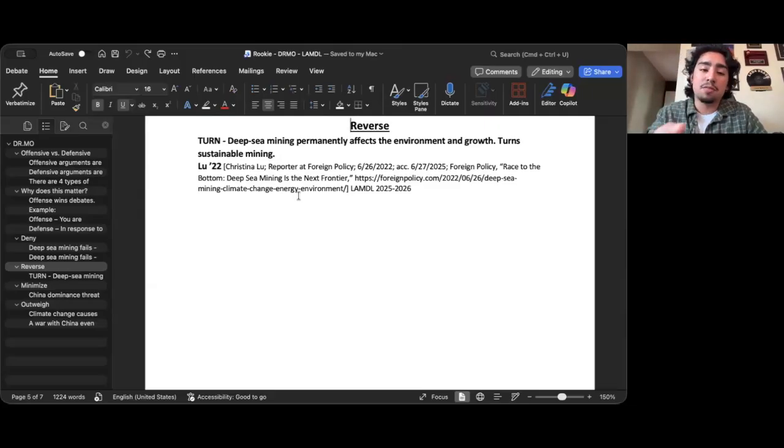So this is an offensive argument and something that you should have in your last rebuttal speech, whether you're on the affirmative or the negative. For the sake of this example, I'm just using the negative side. But again, this could, for example, be an affirmative argument against the deep sea mining counterplan when you move up a division or when you're in a different debate.